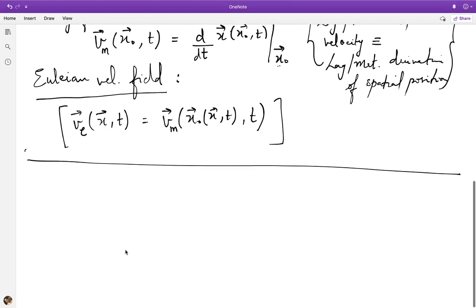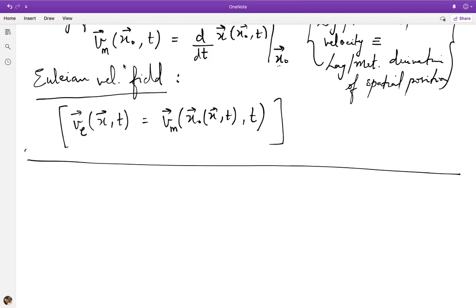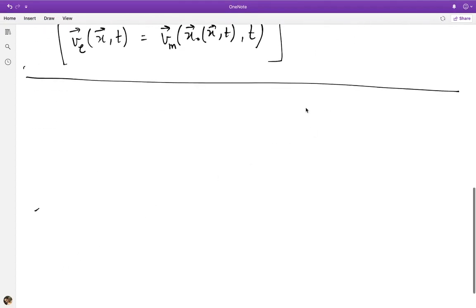So to imagine an example, consider the classic example of flow inside a converging section.